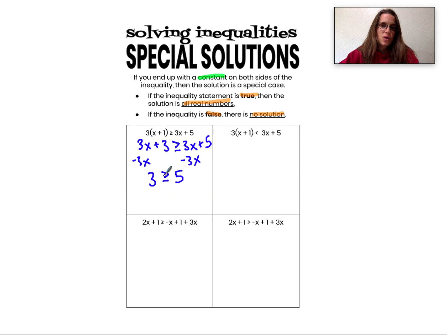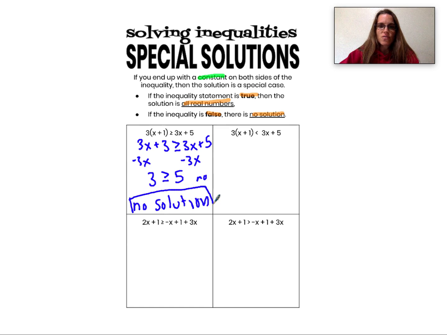If we were solving an equation, we would see two different constants and we would right away just say, no solution. When solving an inequality, we have to first think, is 3 greater than or equal to 5? No, it's not. Since it is not, the solution is no solution.